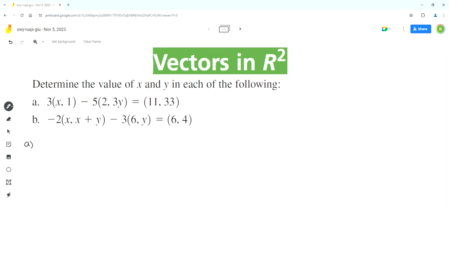So we get, and then in the next one, we have to multiply both components by 5. So 5 times 2 is 10 and 5 times 3 is 15. Now there is nothing we can do on the right side, so that vector stays as it is.